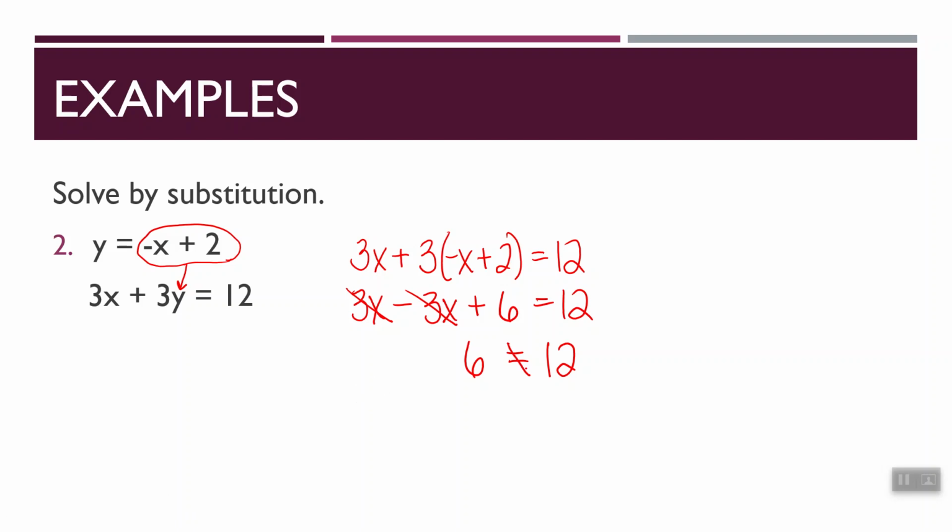This is not true, so these would be parallel lines when we graph them because it has no solution. These two lines, when graphed, would never intersect.